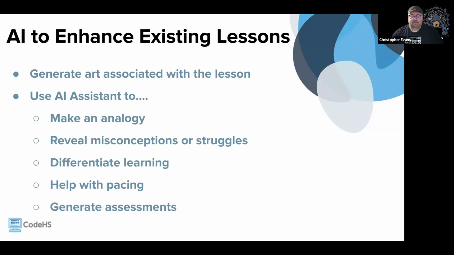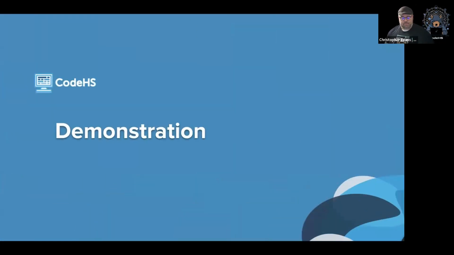How can I make this more approachable for my struggling students? If you have a lesson plan that doesn't include how long you should stay on each piece, you can ask the assistant to help you with pacing. How long should I spend on each aspect of this lesson? And you can ask for an assessment generated based on your lesson.